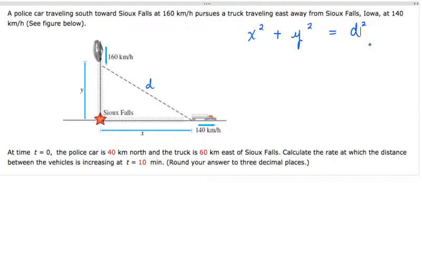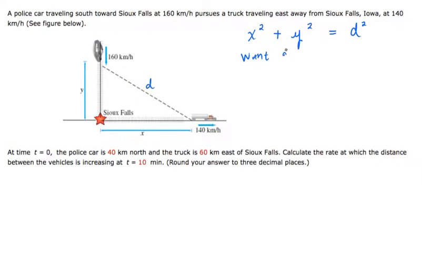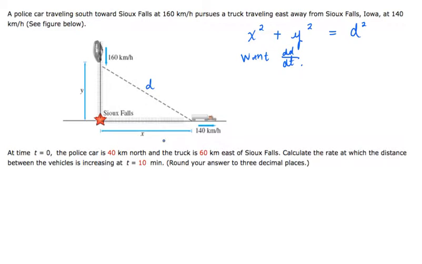Now, in order to find the rate at which the distance between the vehicles is changing, we want dd/dt, the rate at which d is changing with respect to time. We are given dx/dt and dy/dt. dx/dt is the rate at which this truck is moving. So we are given that dx/dt is equal to positive 140 kilometers per hour.